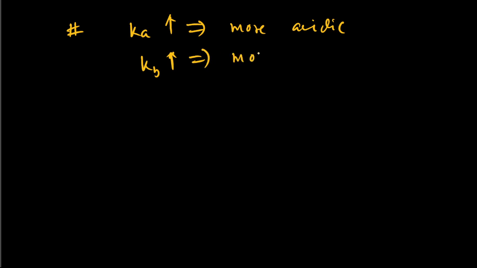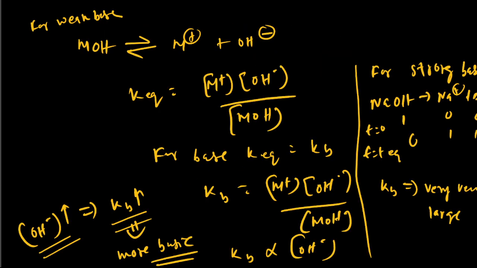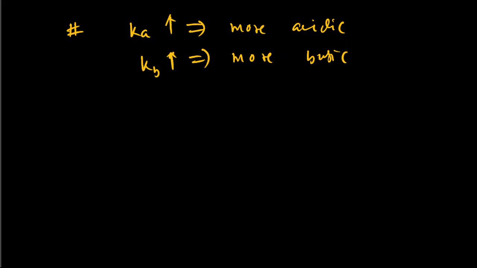A Kb value that is more means more basic, and less means less basic and less acidic. This is for Ka values, and next we will study Ostwald's dilution law.